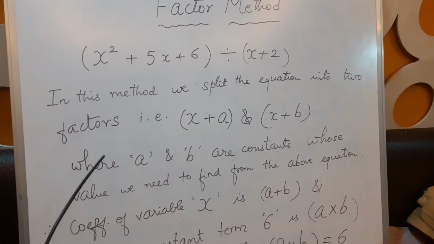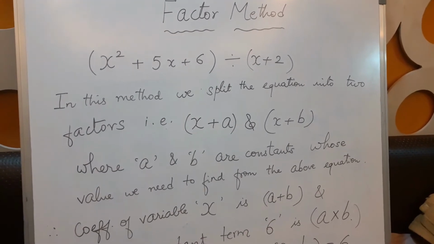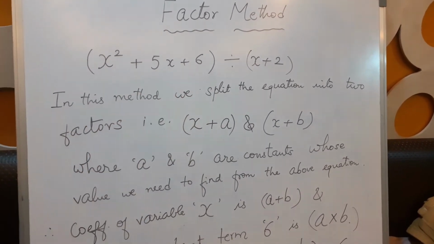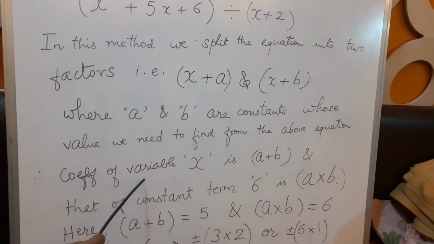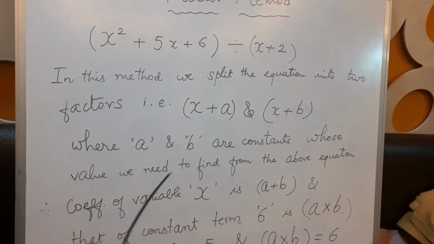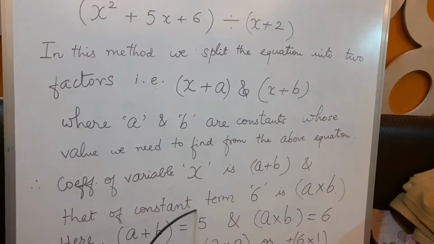Now here a and b are constants and whose value we need to find out from the above equation. Alright. So in this case, coefficient of variable x is a plus b and coefficient of the constant 6 is a into b.